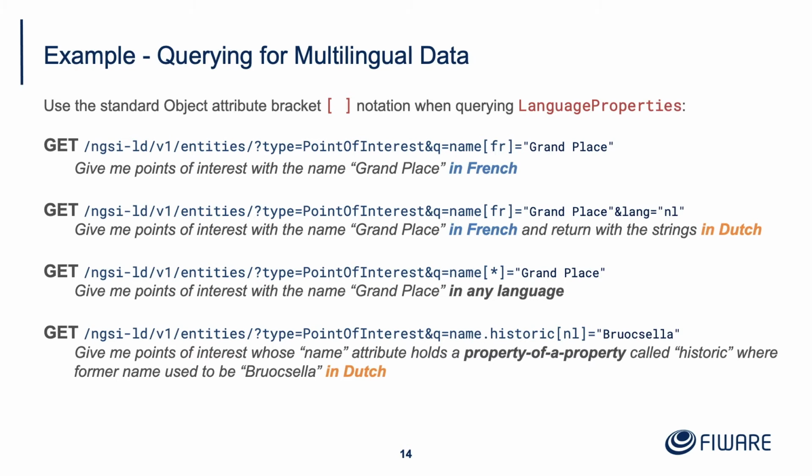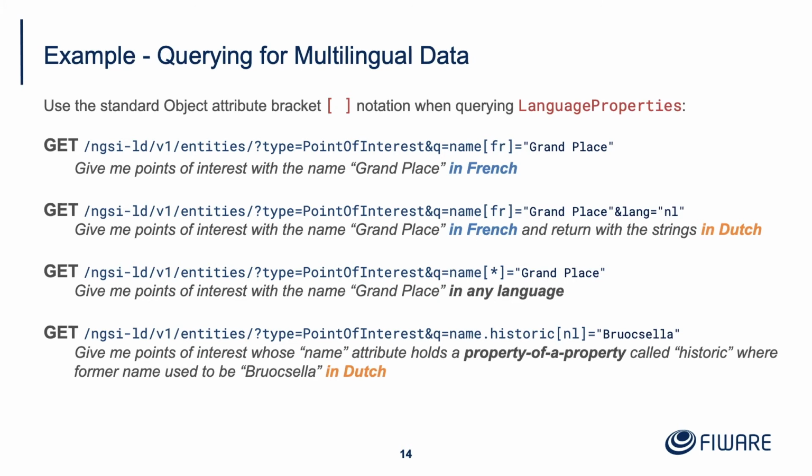The next point is, of course, as you would expect, a language property is just defined as a subclass of property. So therefore, it is possible to make it a property of a property, and therefore you can use it in metadata. So if you want to find the historical Dutch name of a point of interest, you can get the old name of Brussels in Dutch, and it will return a value.